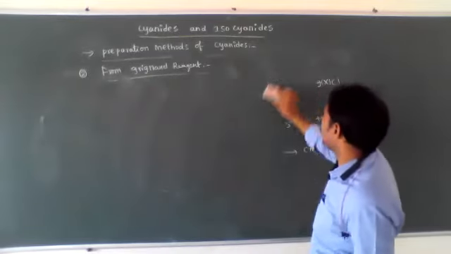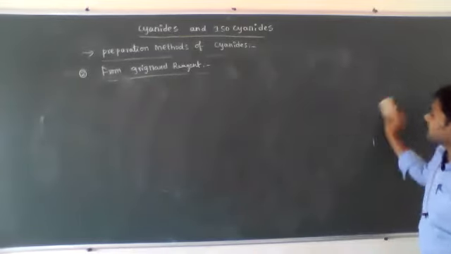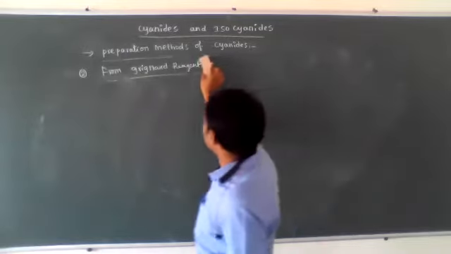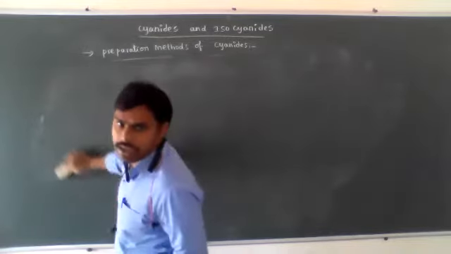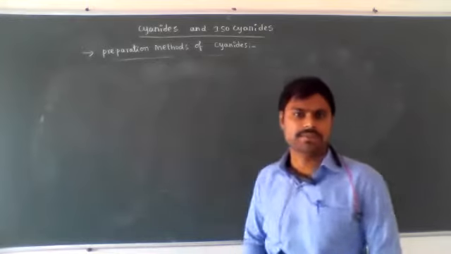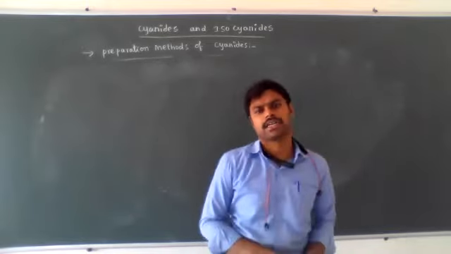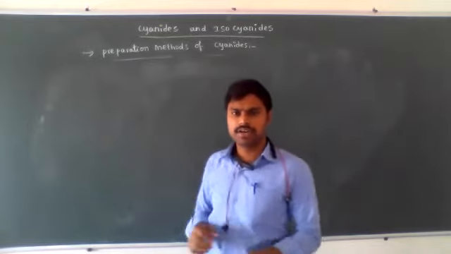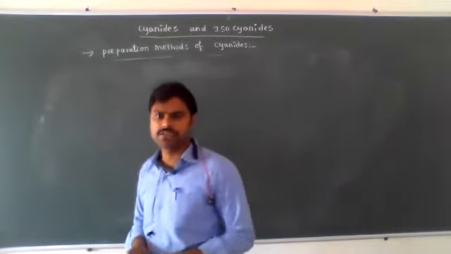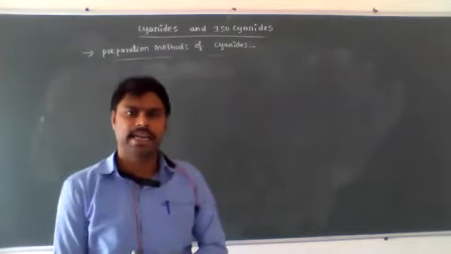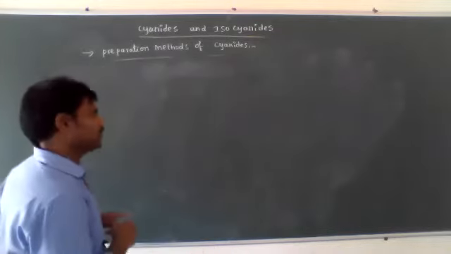Already in the chemical properties of alkyl halides, alkyl halides react with potassium cyanide. It undergoes nucleophilic substitution reaction. What is the product? We are getting cyanides. So the nucleophilic substitution reactions of alkyl halides, there only we discussed that method earlier.